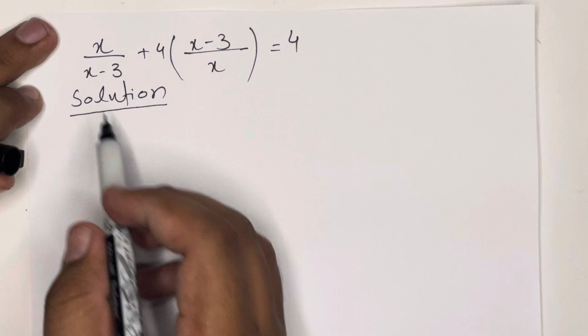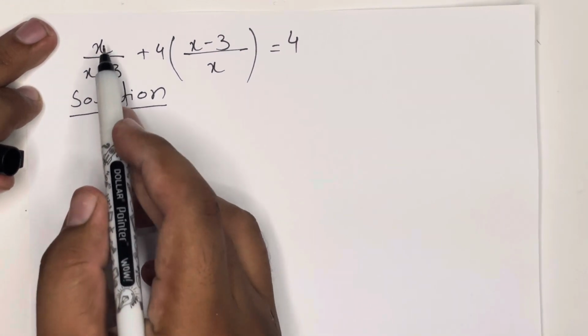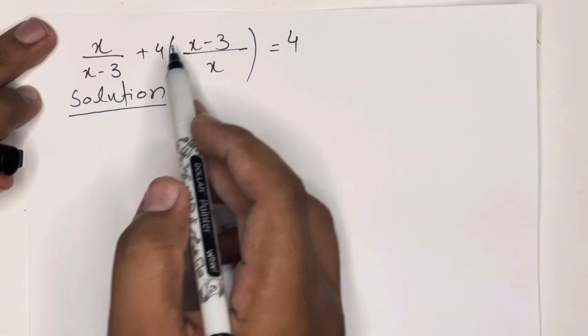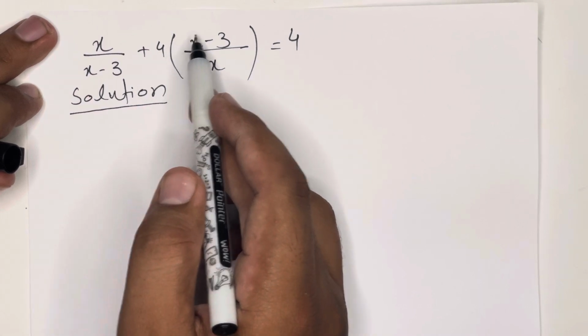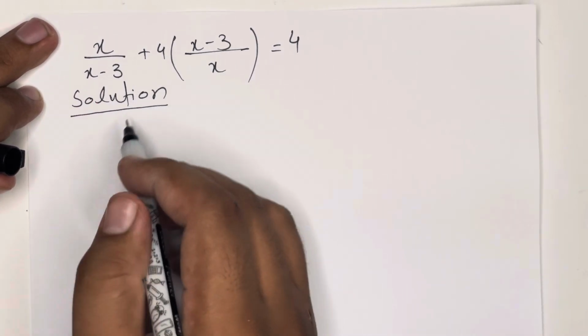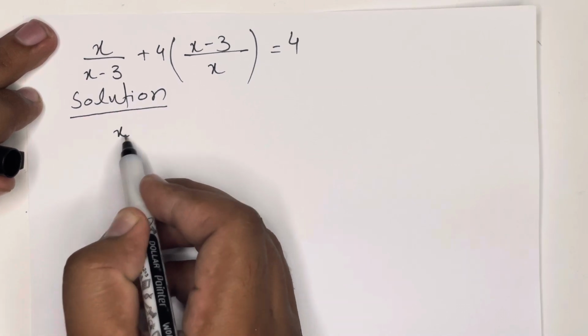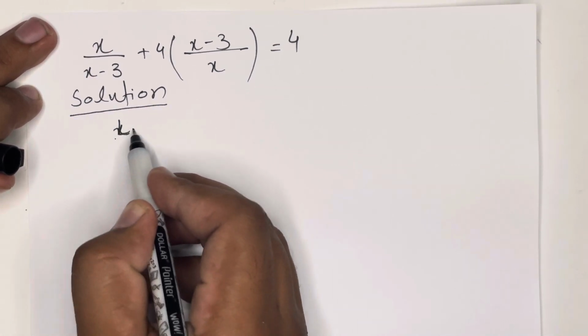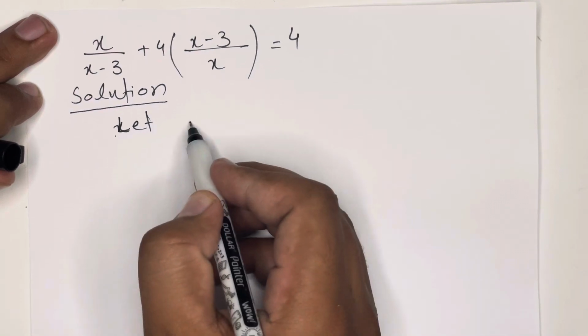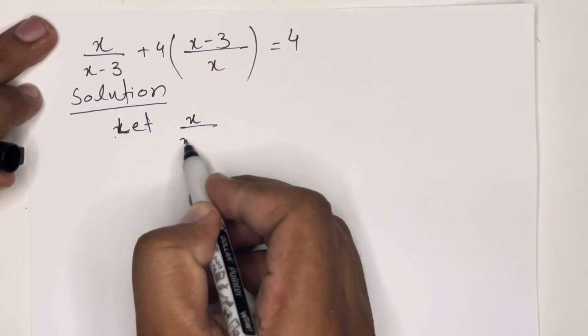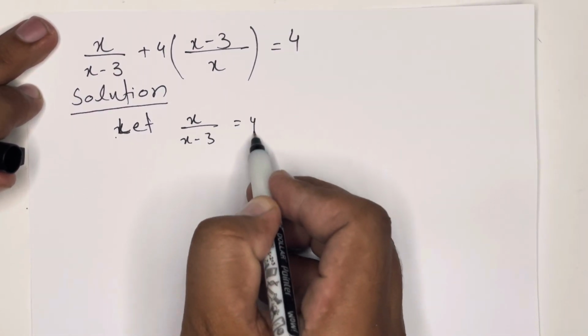First of all, I am going to let x over x minus 3 equal to y.